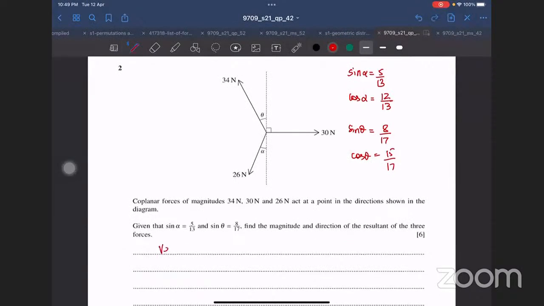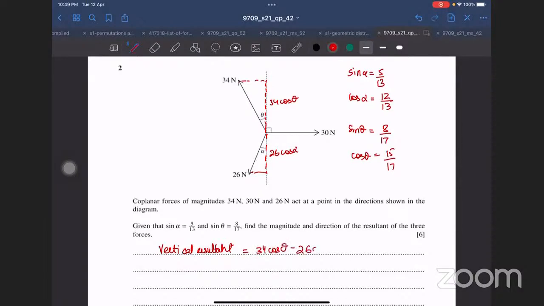So there must be a vertical resultant. For the vertical resultant, I will have to resolve the forces vertically. I have 34 cos theta upwards, and downwards I have 26 cos alpha. I think the 34 cos theta force is larger.